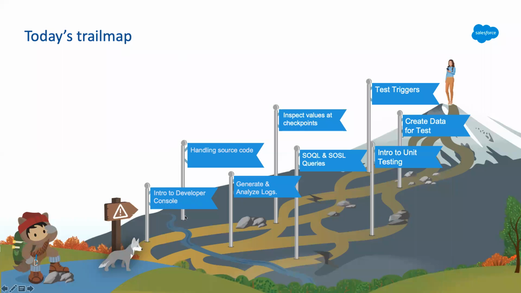These are the main topics that we are going to cover: intro to developer console, handling source code, generating and analyzing debug logs, inspecting values at checkpoints, SOSL and SOQL queries in developer console. After that we are moving to unit testing. Then we will do some hands-on on testing triggers and creating test data. So this is the plan.